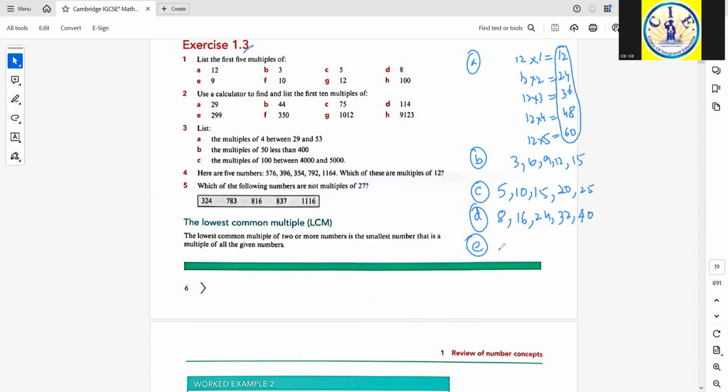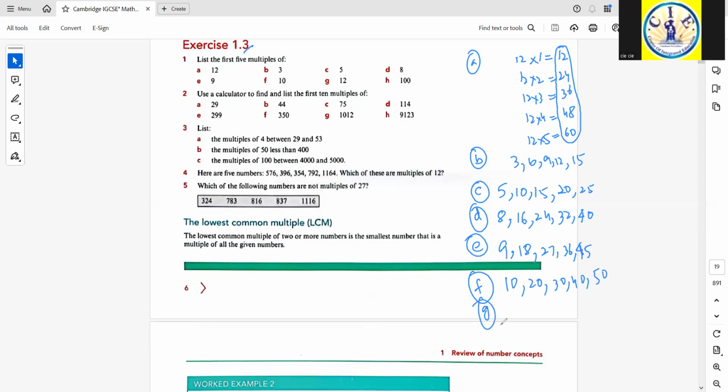For part E, 9 ones are 9, 9 twos are 18, 9 threes are 27, 9 fours are 36, 9 fives are 45, and so on.